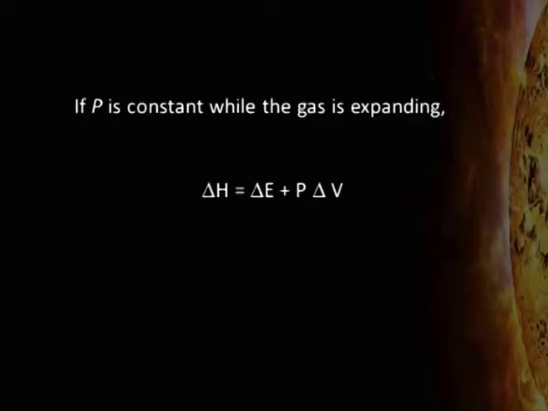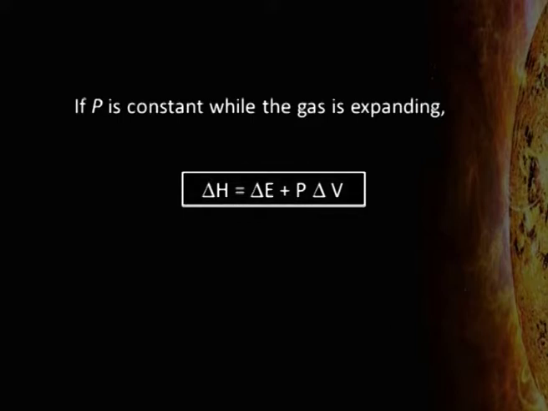At constant pressure, delta P will be equal to 0. Hence, this equation comes out to be delta H equal to delta E plus P delta V at constant pressure.